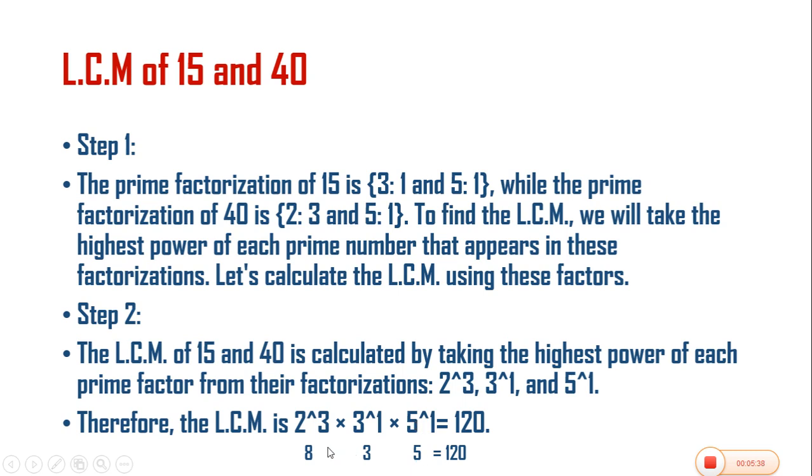So when you multiply 8 by 3 and by 5, the answer is 120. This has brought us to the end of this exercise today on finding the LCM of whole numbers using the index method. Let's look at the assessment section.